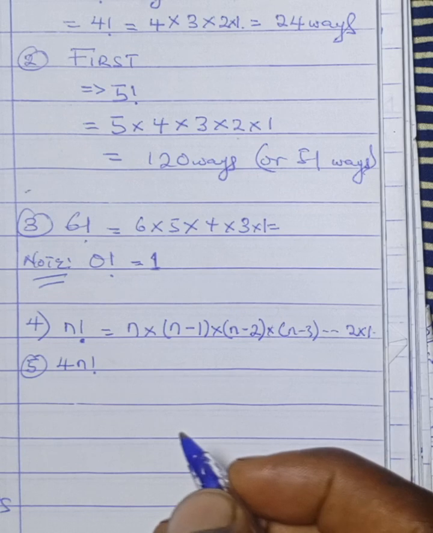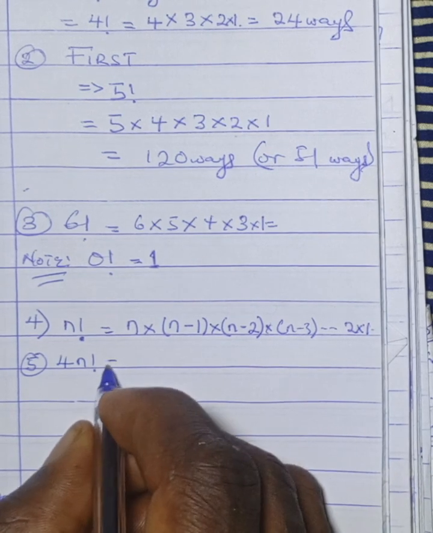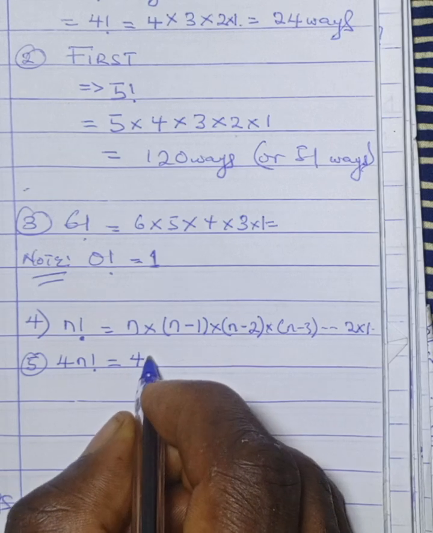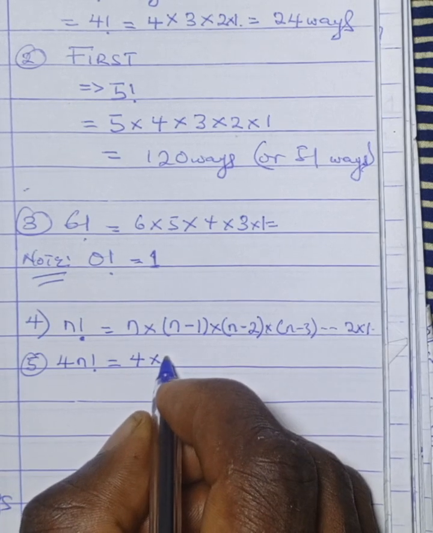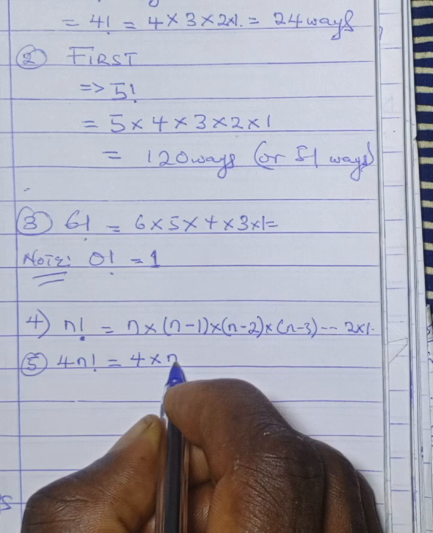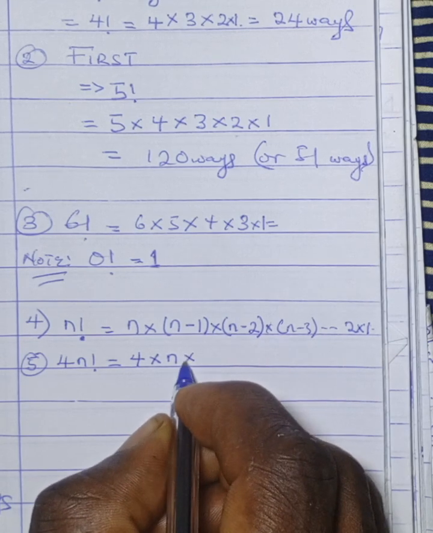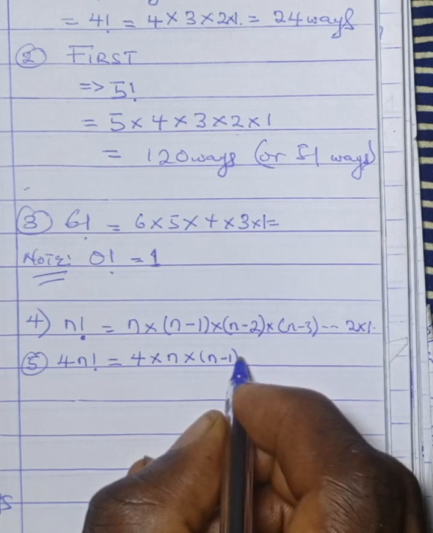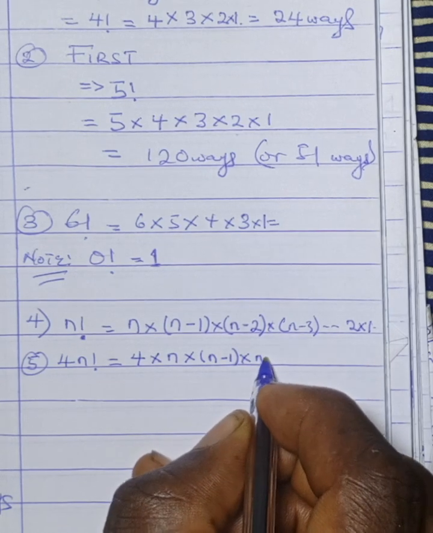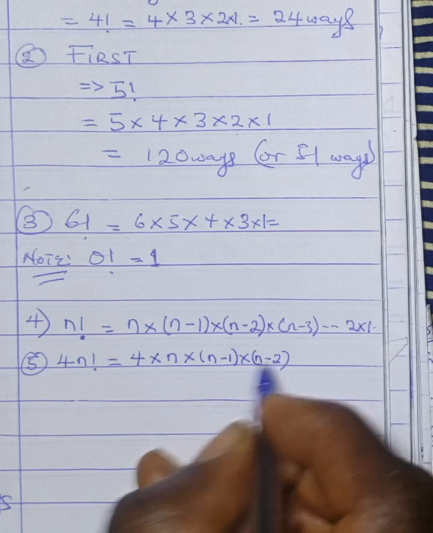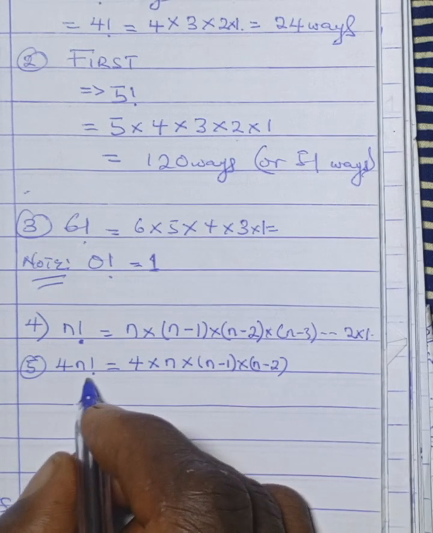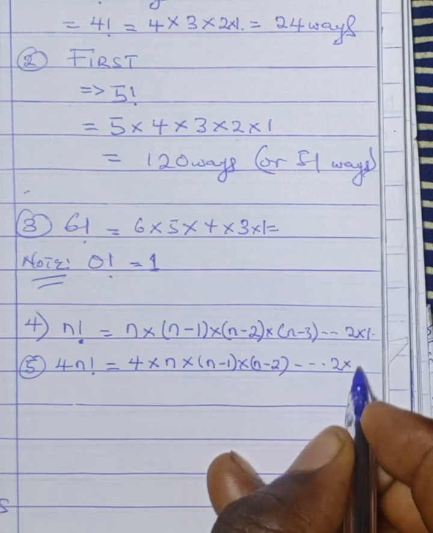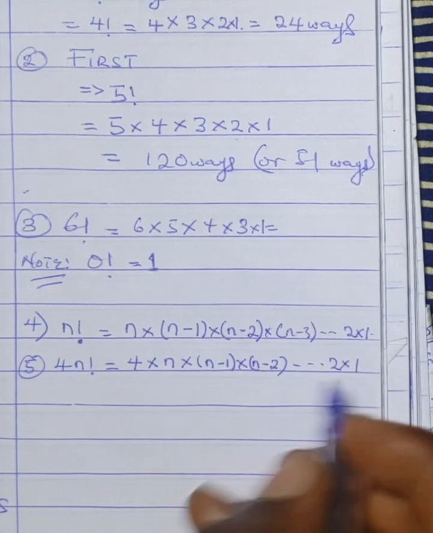How is it going to be? Of course, having 4 times n times n minus 1 times n minus 2, in that order. So we are treating the one that is closest to the factorial, continuing to 2 times 1, 3 times 2 times 1, as the case may be.